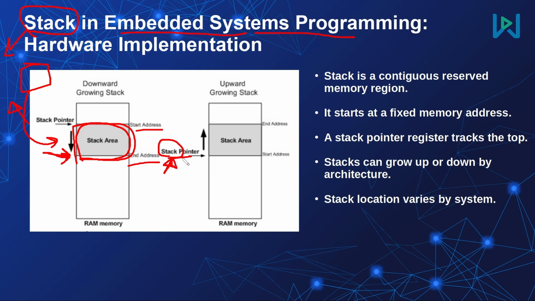The stack pointer is basically the CPU register used to point to the last element that has been pushed to the stack. And hence, it is quite critical to initialize the CPU register to the top of the memory region that is allocated to our stack.